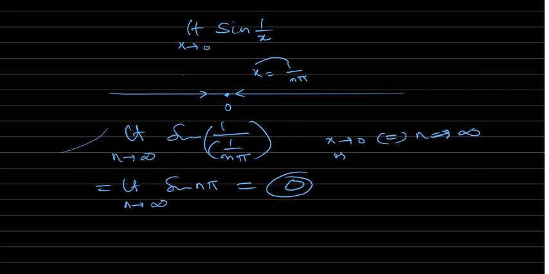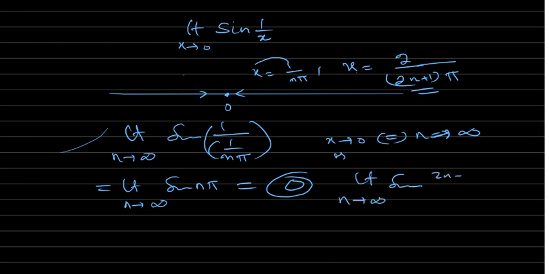But if I take the value of x equal to 2 divided by (2n plus 1) times pi, again this x approaches 0 if and only if n approaches infinity, then in that case what's the value of the limit as n approaches infinity? It's sin of 1 by x, it will be (2n plus 1) divided by 2 times pi, or you can say pi by 2 here.